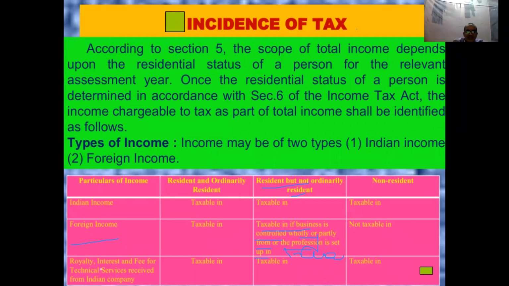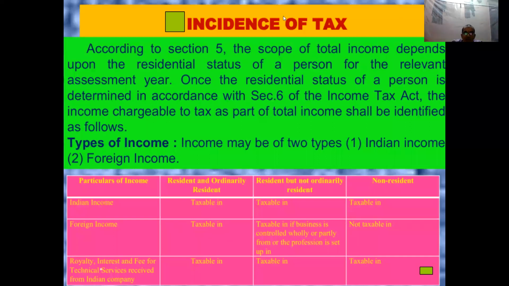So in that case, on foreign income, a resident but not ordinarily resident has to pay tax. But in case of a non-resident, he need not pay. Foreign income is not taxable to a non-resident. Okay, is it clear?